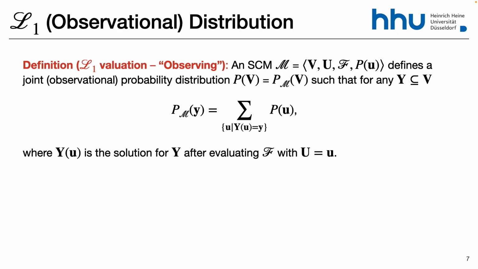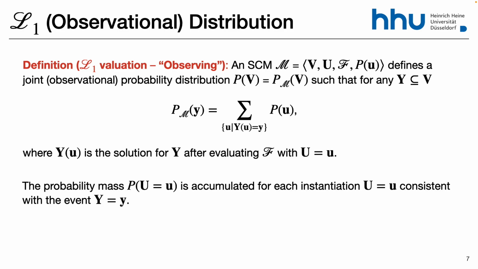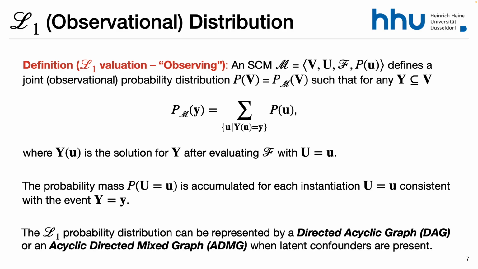Y_U is just the solution after evaluating Y with the U's, and P(U equals u) is just a probability mass. That's just the usual definition of a probability distribution, and there's nothing new here.